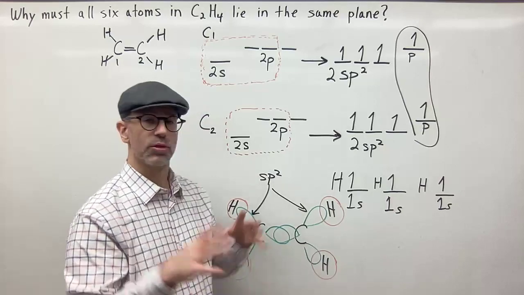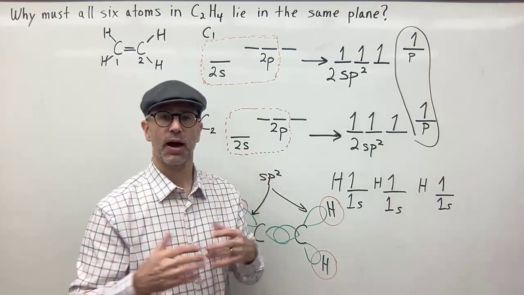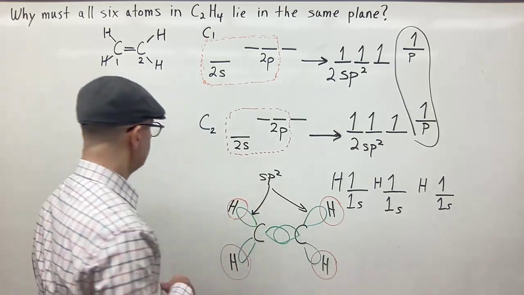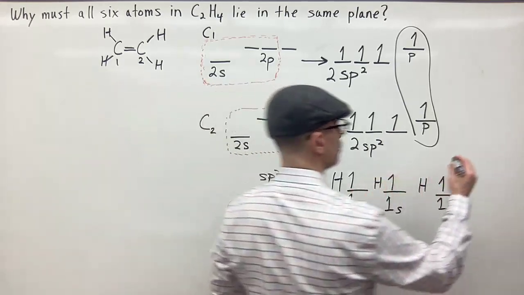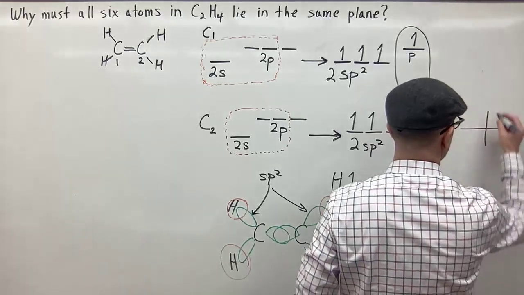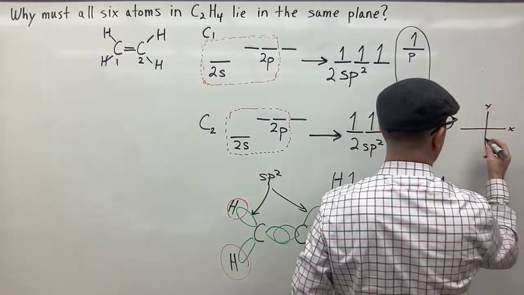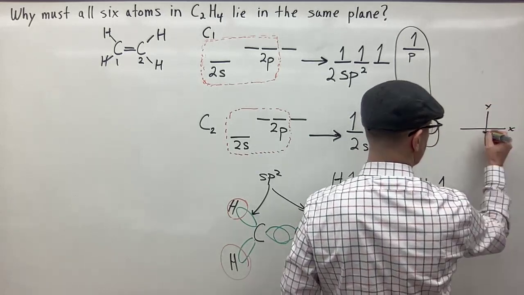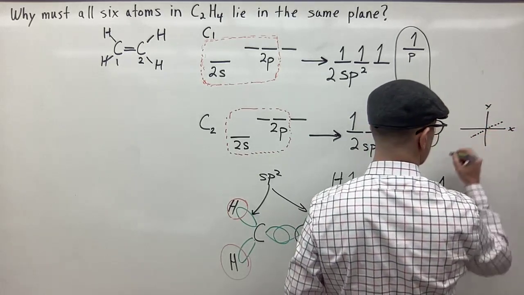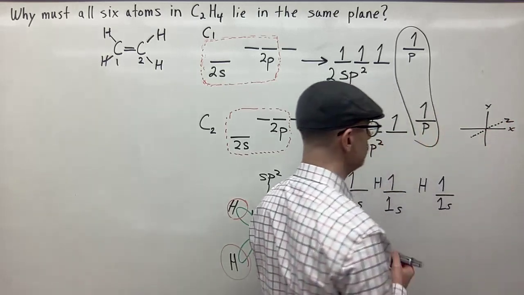So if you think of a Cartesian coordinate system, like so. Here's your x, here's your y, and then your z would be coming in and out of the board, right? Something like that.